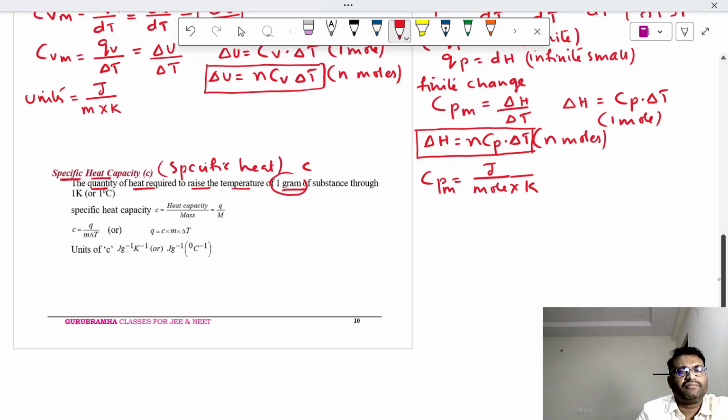See here, 1 gram, this is important. 1 gram of the substance through 1 degree centigrade or 1 Kelvin. When we are speaking about molar heat capacity, it is calculated per 1 mole. Here heat capacity is calculated for 1 gram.